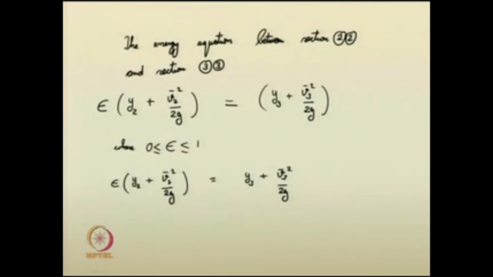That is nothing but, again you can proceed, epsilon times y 2 plus v 2 squared into y 2 by 2 g y 2.